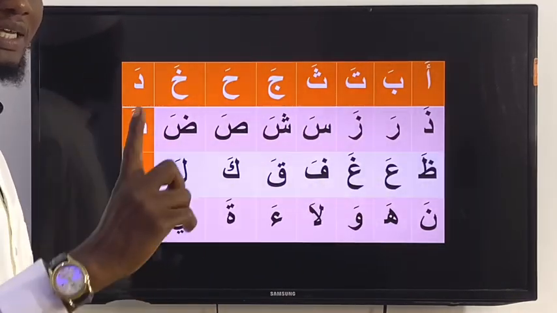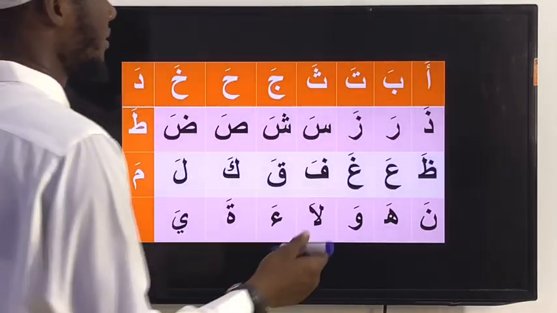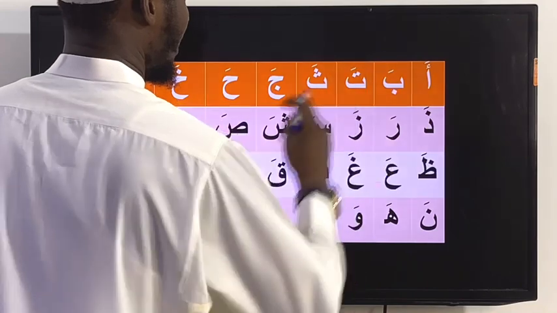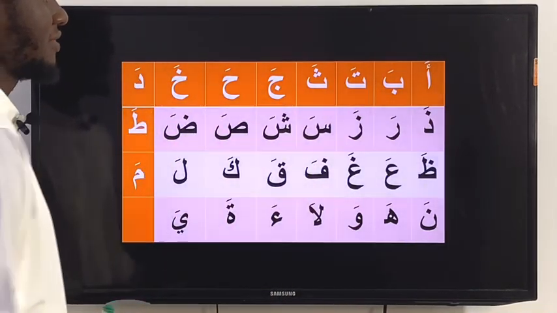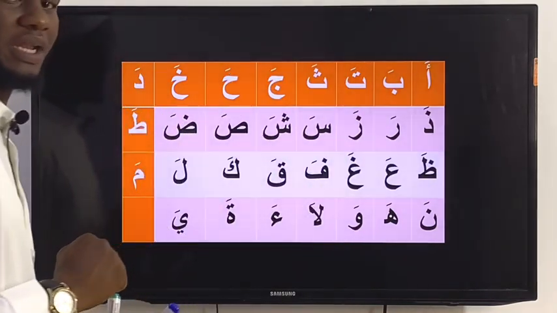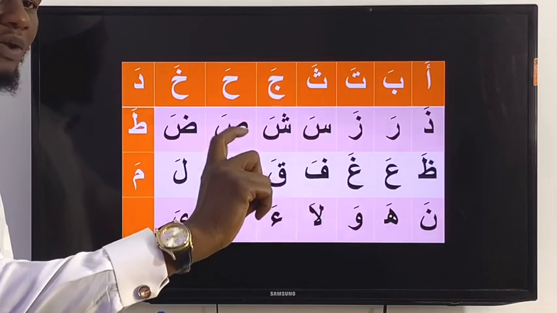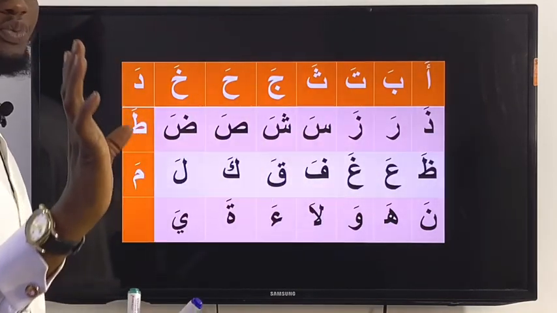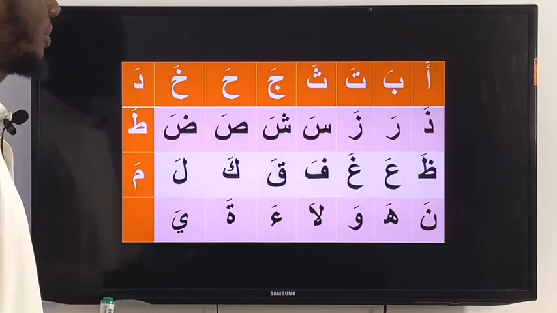Remember, we are dealing with the vowel sound a. First, we mention the name of the letter, and then we mention the character on it. Then we use the vowel sound of the character, and then we pronounce it. So let's begin. Bismillahir Rahmanir Rahim.